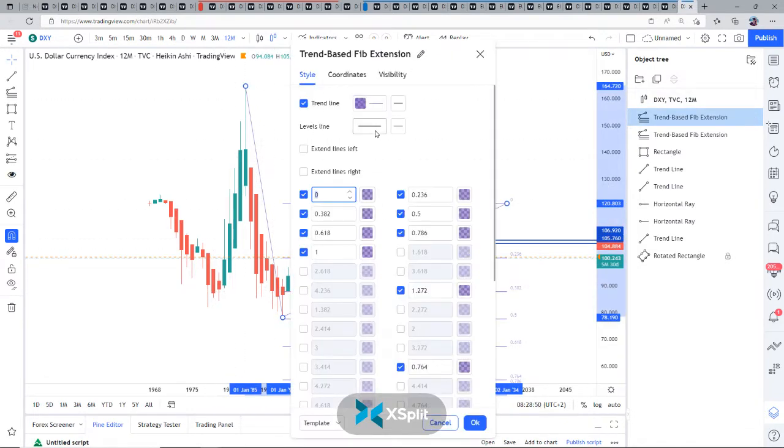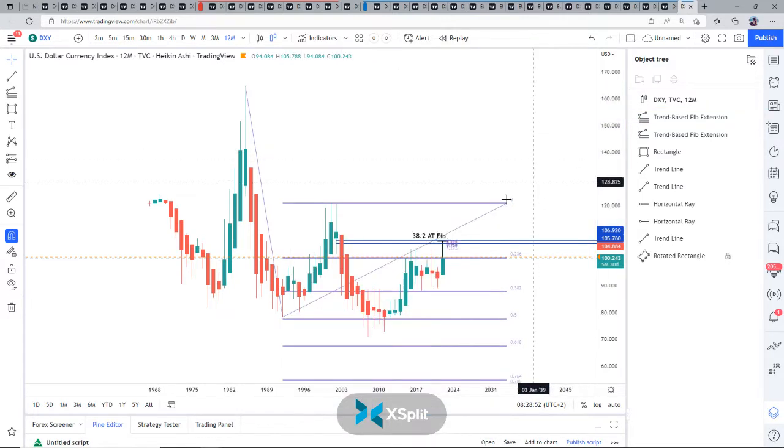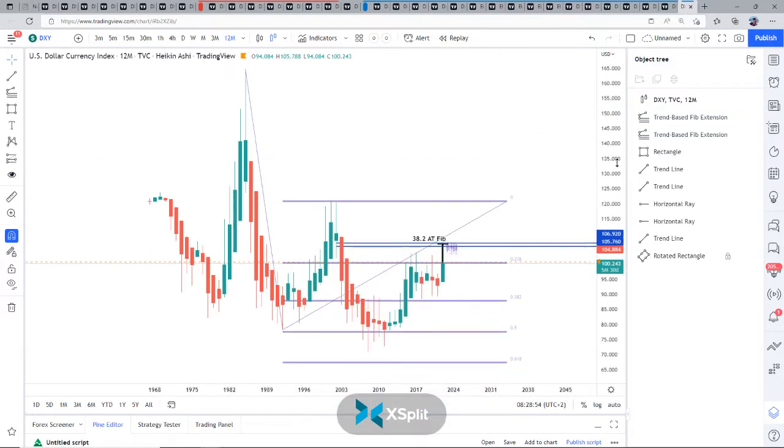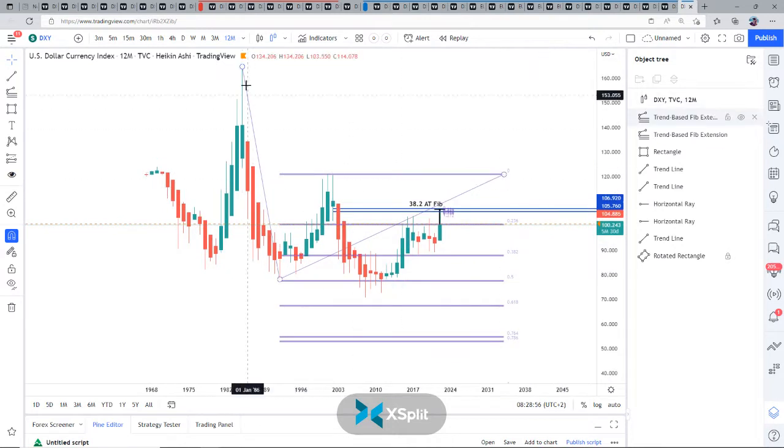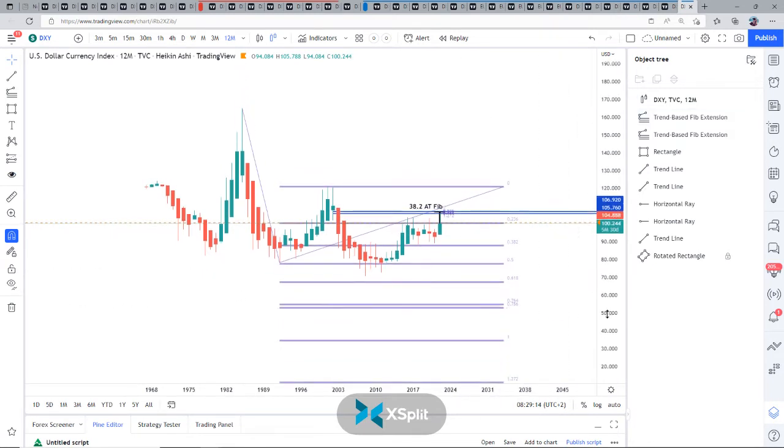Okay, I will put it a little bit thicker so we know it's the big mama, as I always say. So you see, we have this move. We went down to the 50%, then we came back inside the 236, which is, by the way, a normal pullback. And then if we look for the 61.8, we would go to this level here. That is, I would say, in line with the indicator tools.